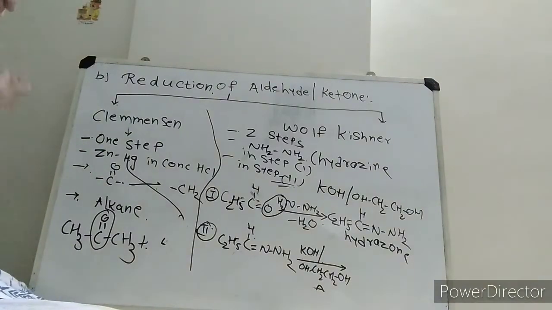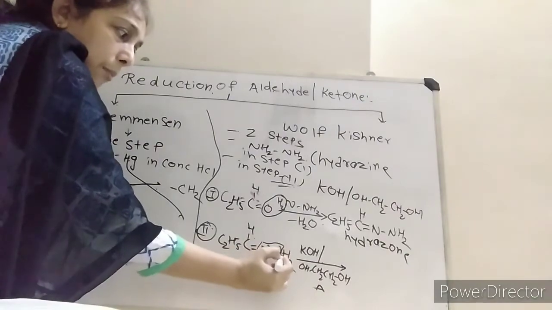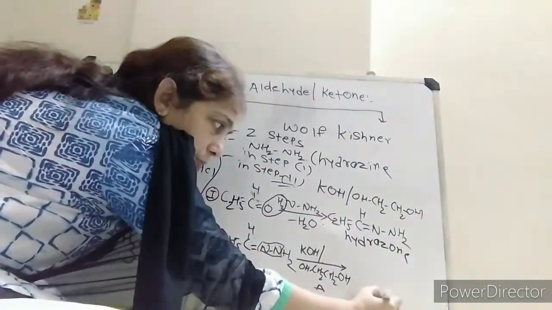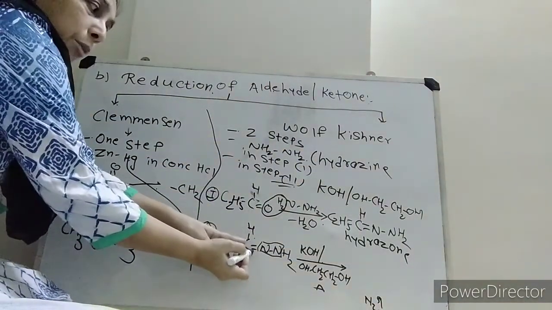Now see what the reaction is in this case. These two nitrogens combine, and nitrogen gas is given out. Now what is left? This double bond will be removed.